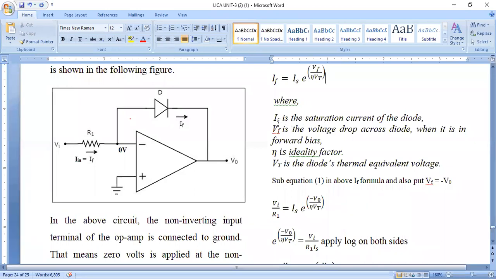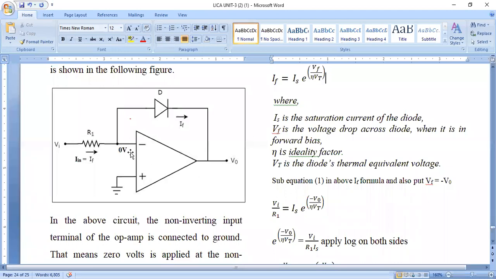That means the saturation current varies significantly from one diode to another with the variation of temperature. This is a difficult condition because the temperature effect causes a severe change in the output voltage. The temperature effects reduce the actual performance accuracy of the basic logarithmic circuit.